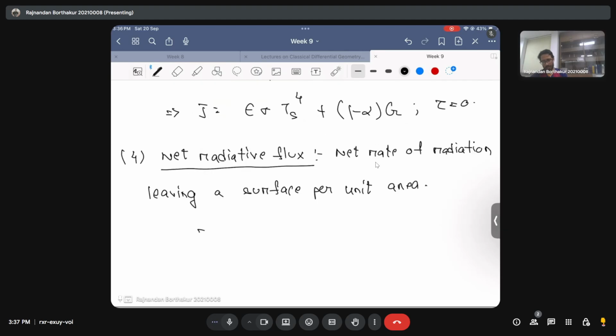So you can very easily say that this net radiative flux is going to be the radiation that leaves the surface, which is radiosity, minus the incoming radiation. That is precisely the net radiative flux that leaves the surface. Because whatever is going out from the surface is denoted by radiosity, and whatever is incident on the surface is denoted by the irradiation. So the net radiative flux that goes out from the body is what goes out minus what comes in, which is the radiosity minus the irradiation.